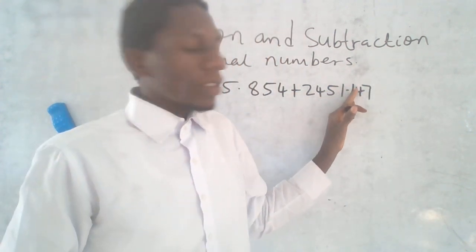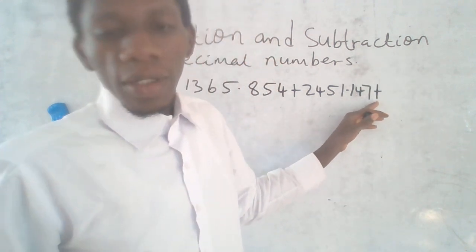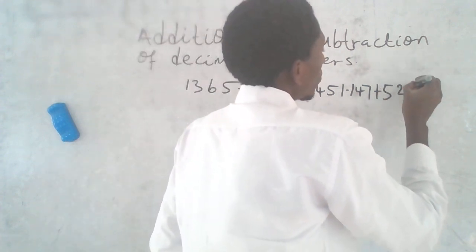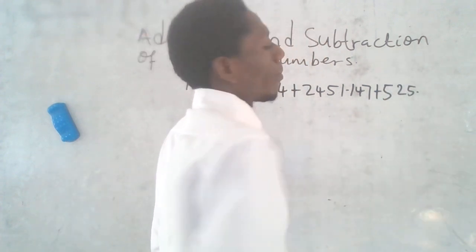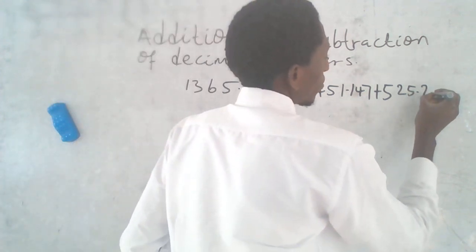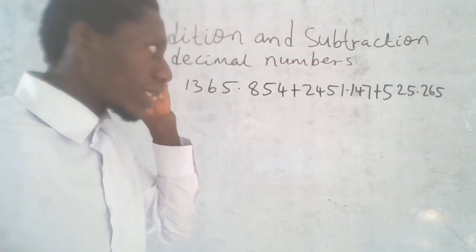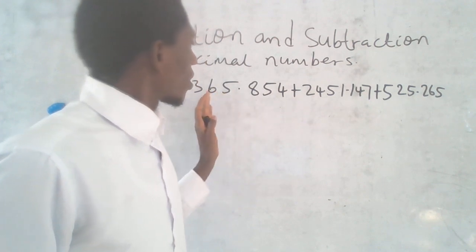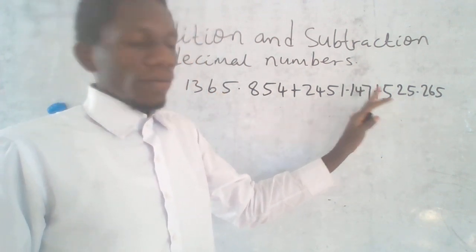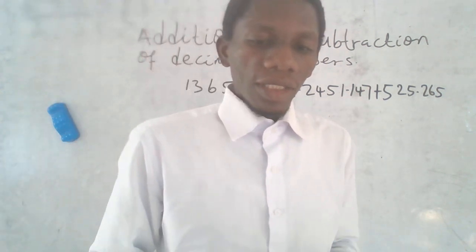Okay, then plus 524.265. So you can see that we have a lot of numbers here that involve decimal points and they are to be added together. So let's see how we can arrange these numbers.